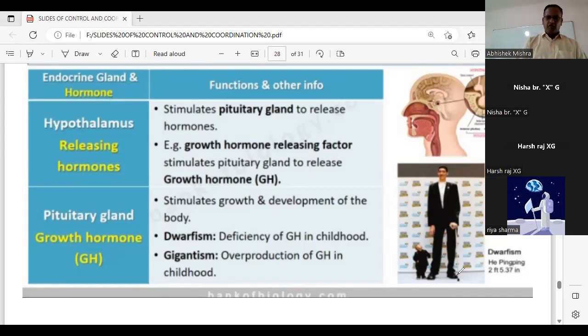In the first case, dwarfism, what happens? Ria, unmute yourself.